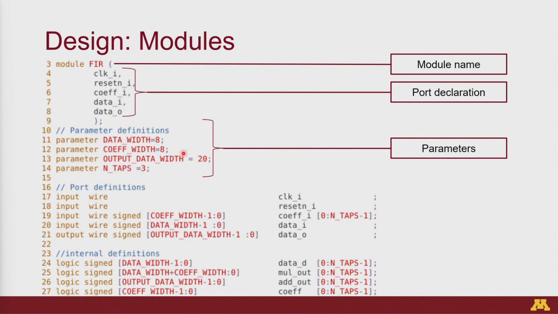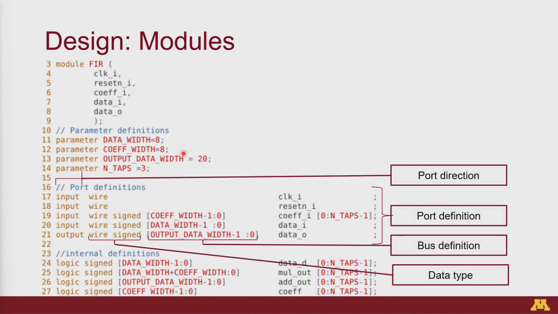So this is about parameters, why they're useful, and their physical significance. Let's look over some more syntax. Before, we declared the ports, but now we need to actually define what they are. That means we are telling, for example, that these ports over here are inputs and these ports are outputs, like this port is an output.